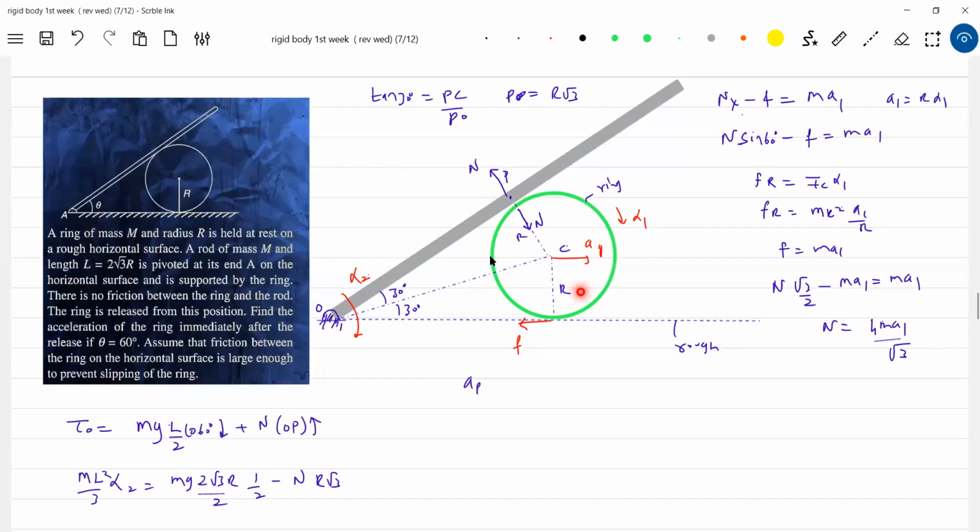Anybody, this angle? I'll extend the line. Anybody, theta? Okay, no, this.